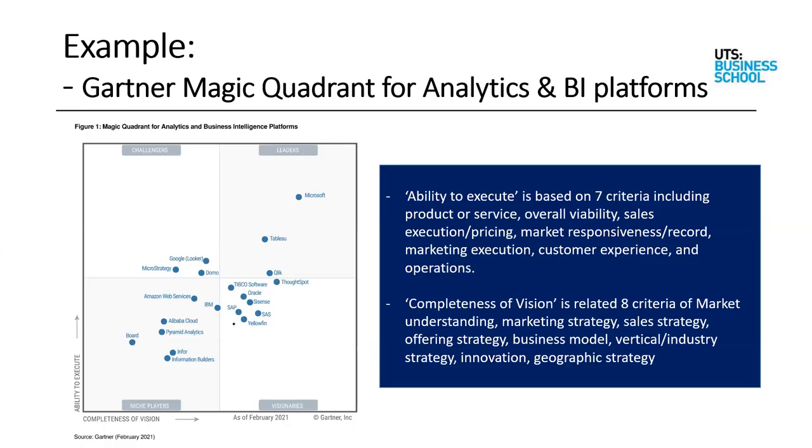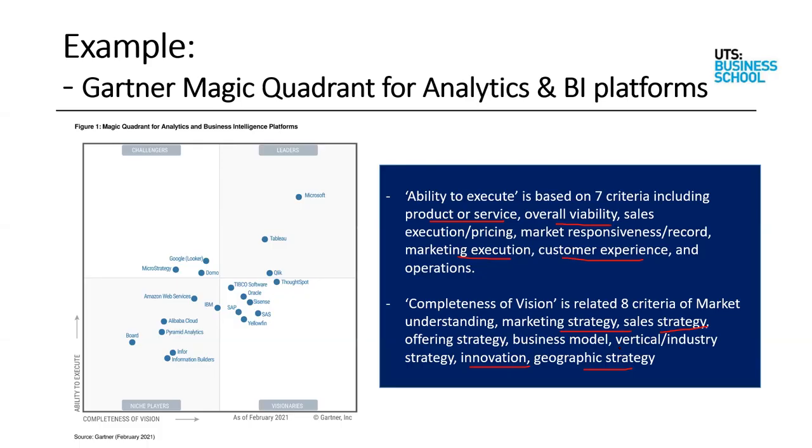The key point to understand here is they have identified 2 dimensions. The consumers were asked to rate the different companies based on several factors or criteria. For example, the product or service overall viability, marketing execution, customer experience, marketing strategy, sales strategy, innovation, geographic strategy, etc.